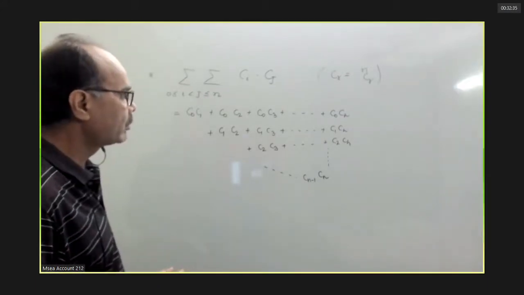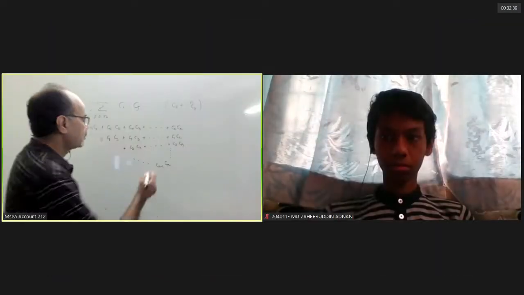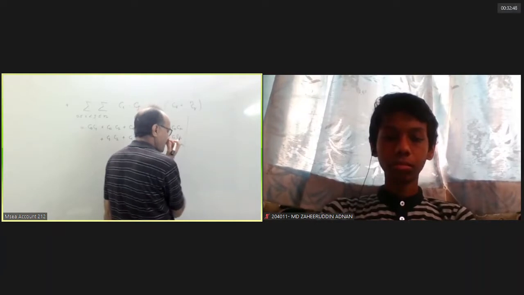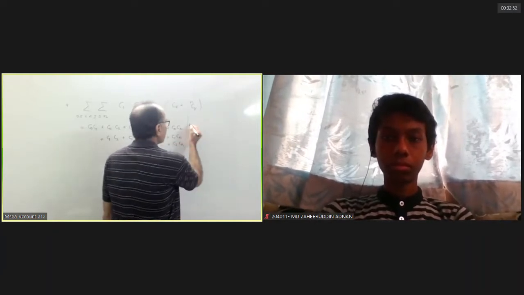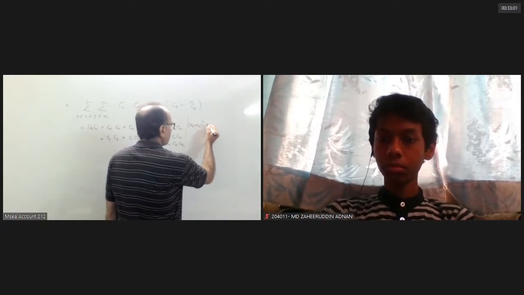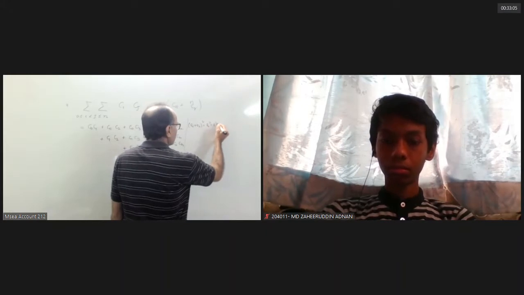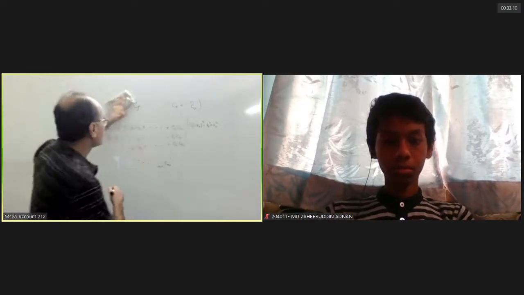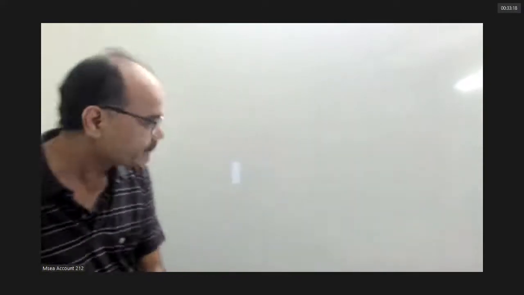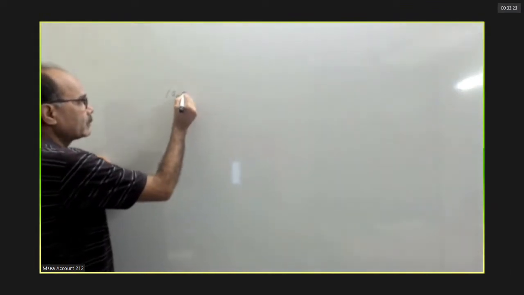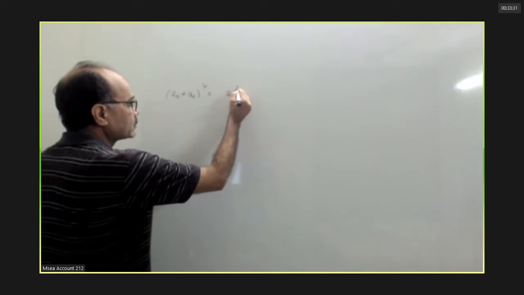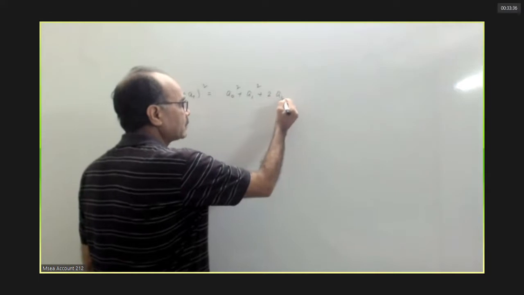Now, suppose you take, I will rub this out, okay, it will be understood. See, if I write a0 plus a1 whole square equal to a0 square plus a1 square plus twice of a0 a1.